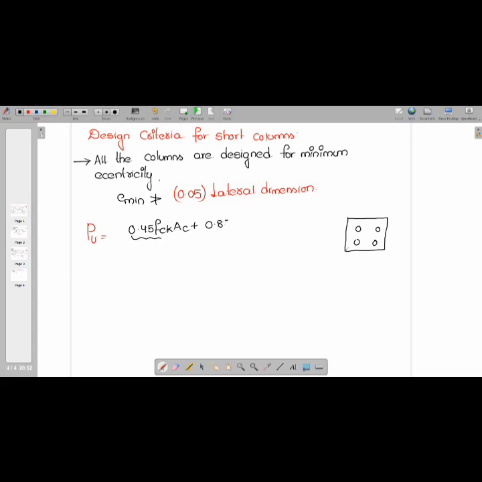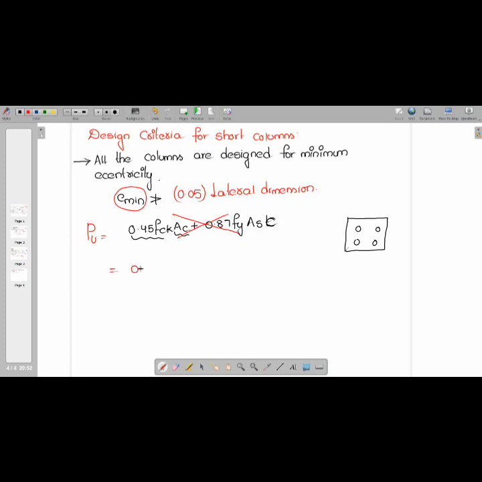Here this is the stress of concrete and this is the area of concrete, plus 0.87 FY ASC, the area of steel in compression. But remember, my dear students, this formula is wrong. Why? For every column you are designing for minimum eccentricity.